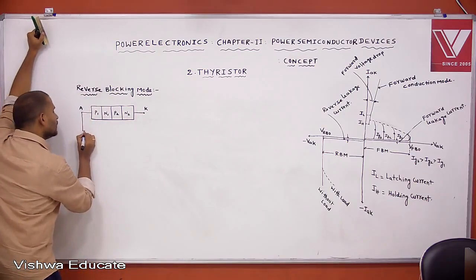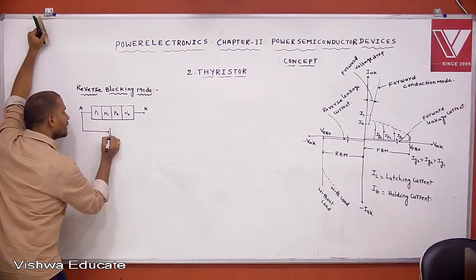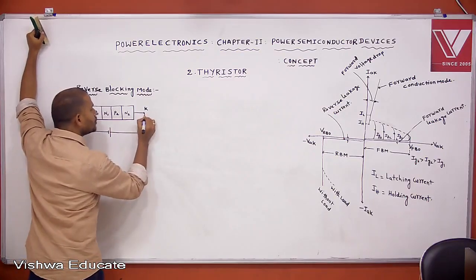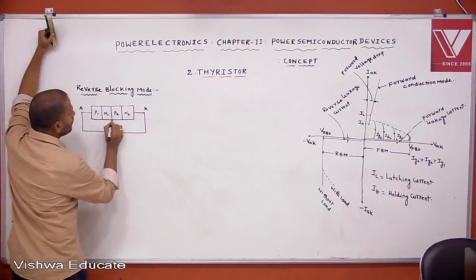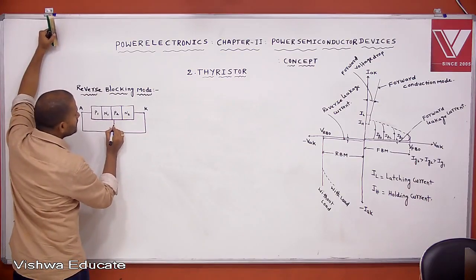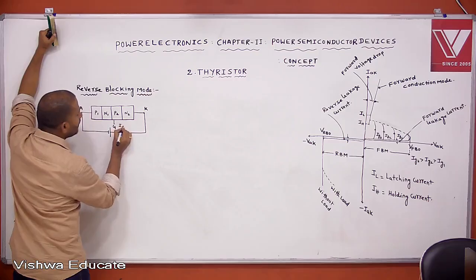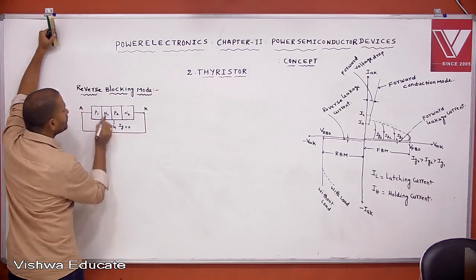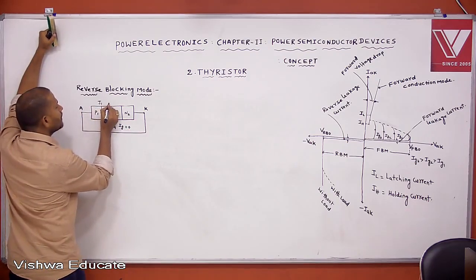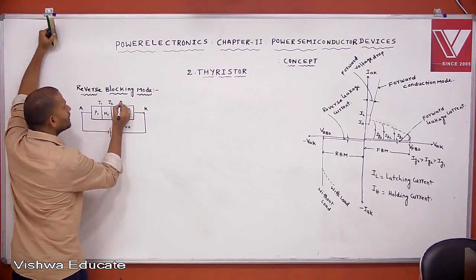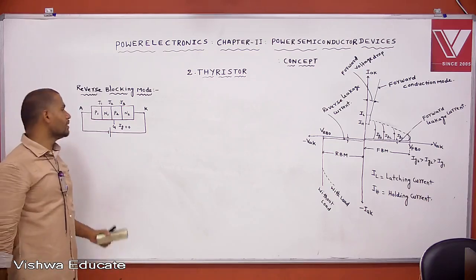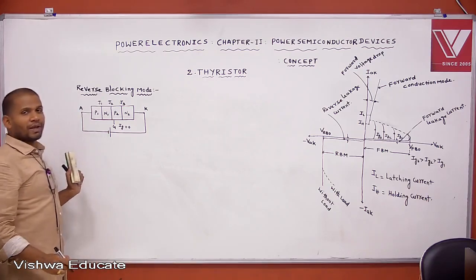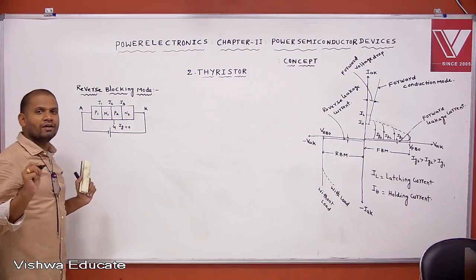Anode is connected to the negative terminal, cathode is connected to the positive terminal, to apply the reverse voltage. And this is the gate. Still I am not connecting the gate supply; let IG equal to 0. This is J1, this is J2, and this is J3. Without connecting the gate supply, first I want to explain the concept.